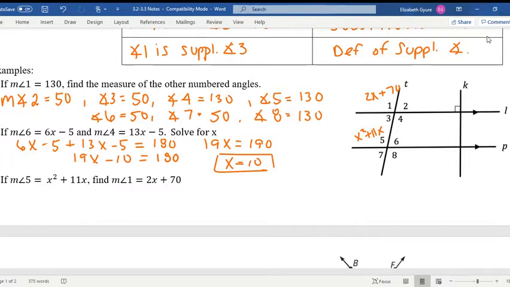Logan? They are corresponding, so therefore would they be congruent or supplementary? Congruent, very good. And if they're congruent, how could we set up an equation for these? Peyton? X squared plus 11x equals 2x plus 70.